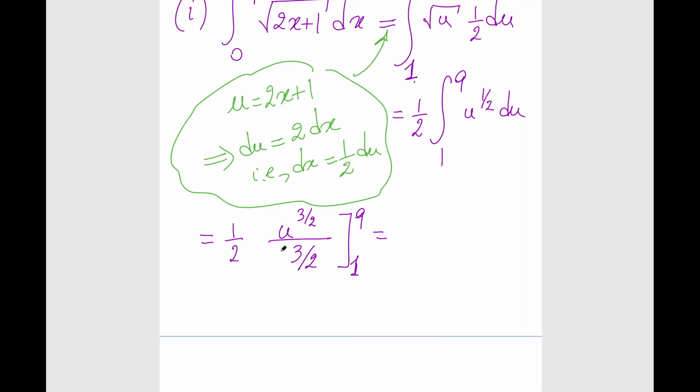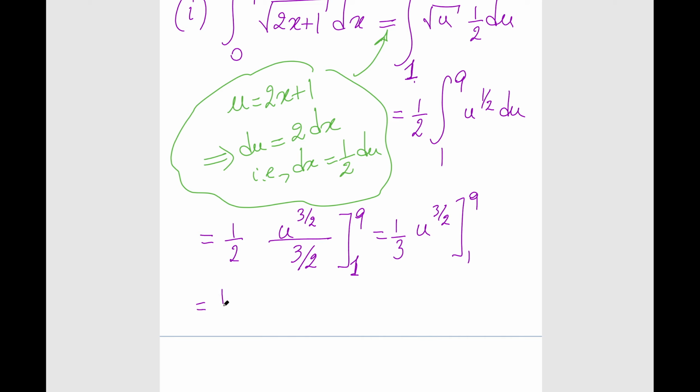Dividing by 3/2 is the same as multiplying by 2/3, so if you multiply by 2/3, the 2 and the 2 are going to cancel, and we only get 1/3 u to the 3/2 between 1 and 9. Now we evaluate this at the upper bound and subtract its evaluation at the lower bound.